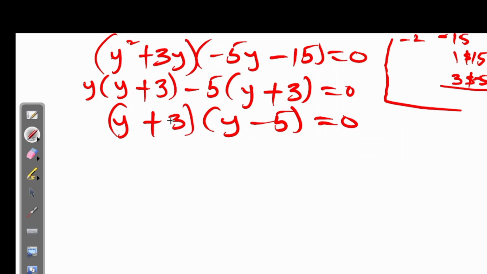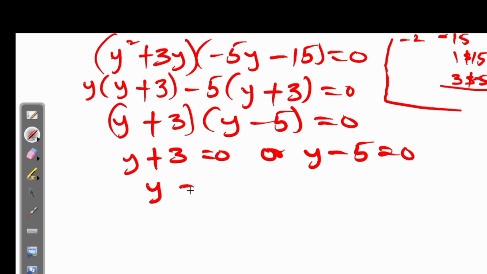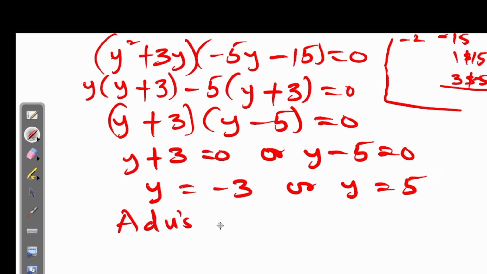Now, y plus 3 is equal to 0, or y minus 5 is equal to 0. y is equal to minus 3, or y is equal to 5. Note, the age of an individual can never be a negative number. Therefore, Adu's age is 5 years.